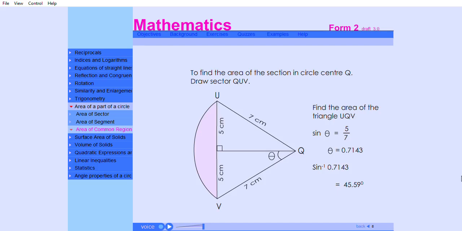Find the area of the triangle. Sin theta is equal to 5 over 7, which is equal to 0.7143. Theta is equal to sin to the power of negative 1 of 0.7143, which is equal to 45.59 degrees.